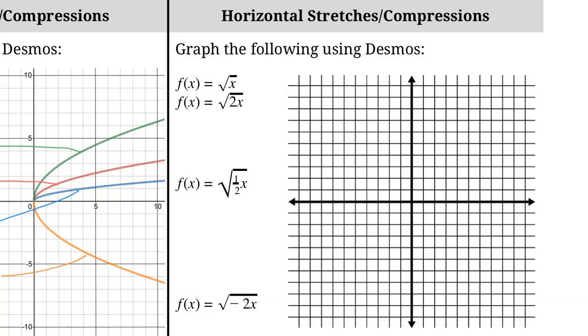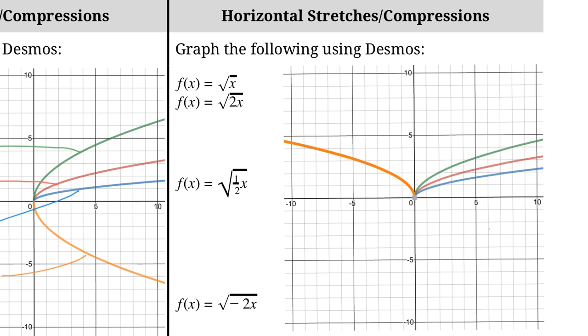So now let's look at some horizontal stretches and compressions. And I want you to, again, take these functions, they're different from our other ones, and I want you to graph them into Desmos and draw all your graphs right here. So here are all 4 functions graphed. And let's label these. So our red function is our parent function, y equals the square root of x.